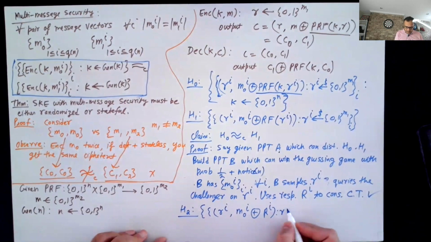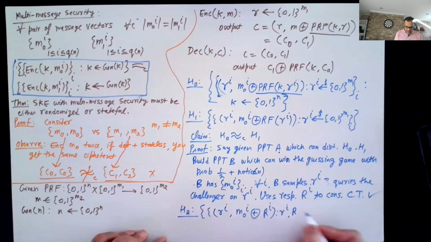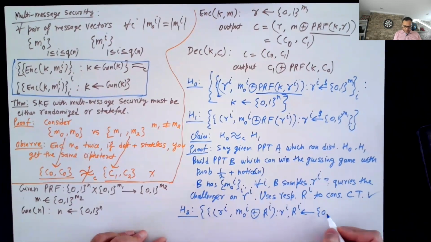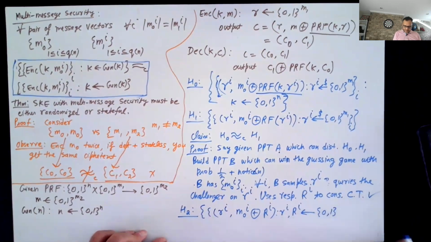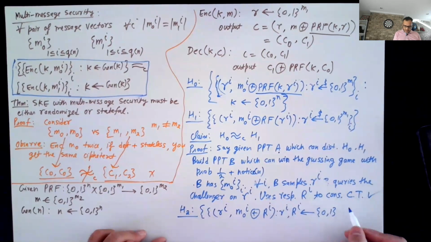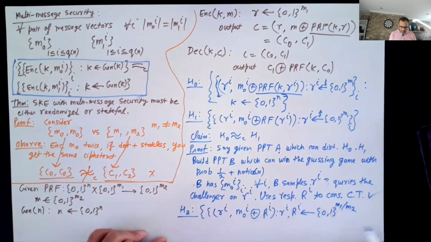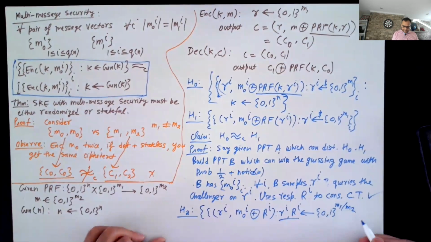Okay, and again, ri and capital Ri are both sampled uniformly, either from M1 or M2, just of appropriate length.